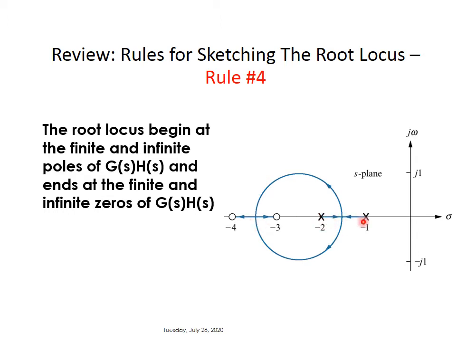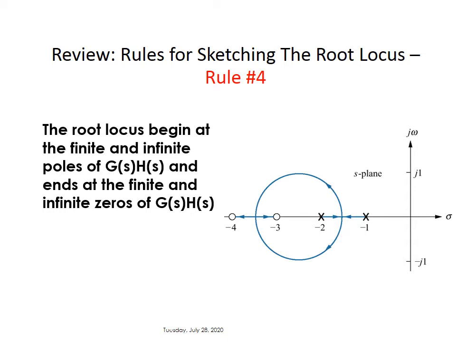So for example, here we have two poles, -2 and -1. Our closed loop system has two zeros, -4 and -3. So they both will start at poles and they both will end at zeros. So the first one, if I can get my pen, let's say we take a color.